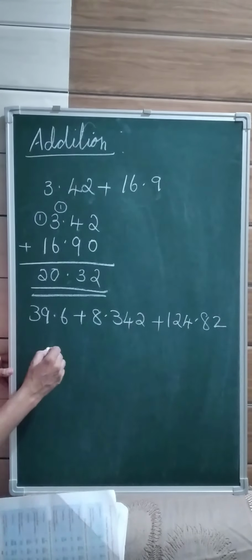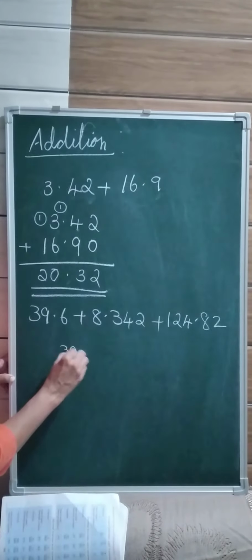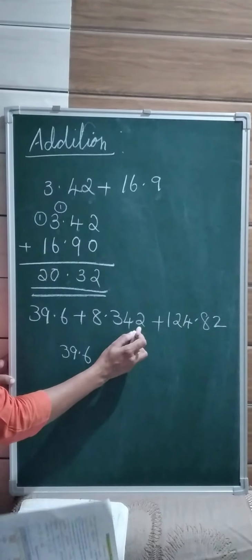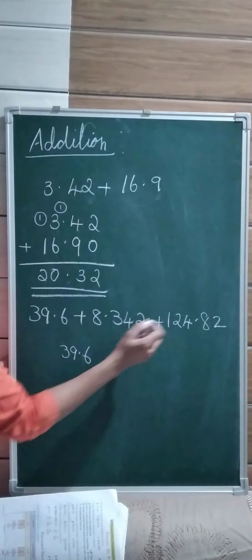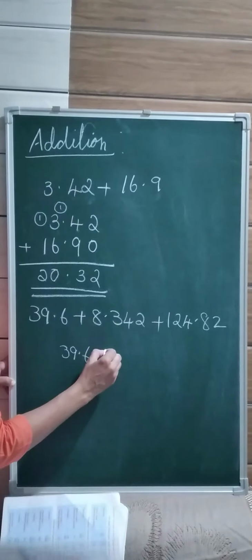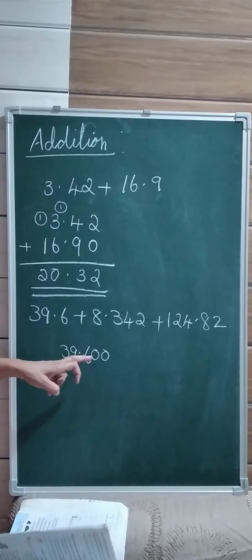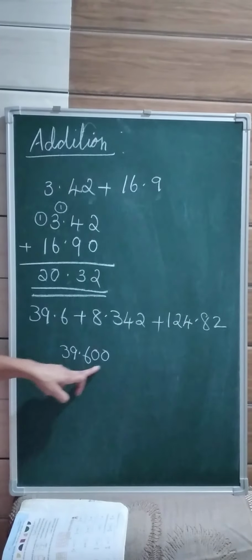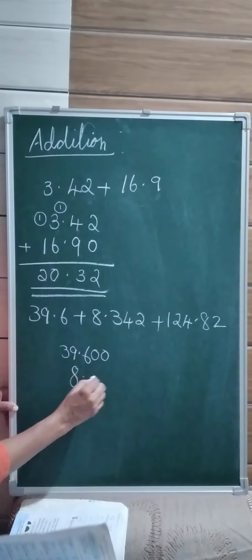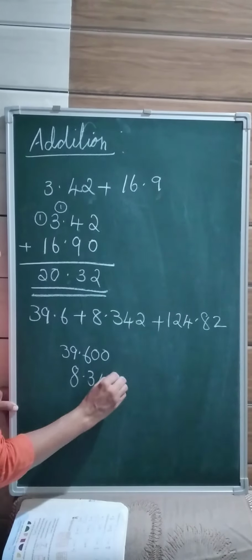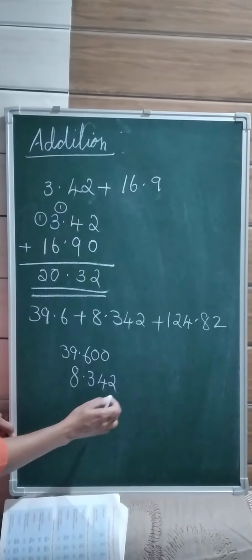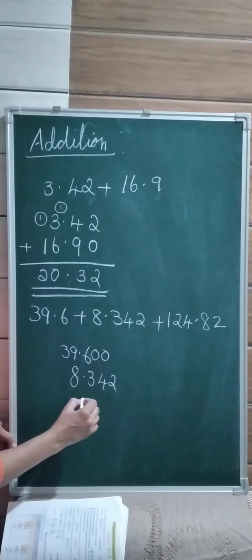First we have to make them like. 39.6. Here 1, here 3, here 2. Maximum is 3. So you can make them like this way. Put 2 0. Now see 3 digits here also. 8.342. Already 3 decimal digits are here, so no need to make any change.